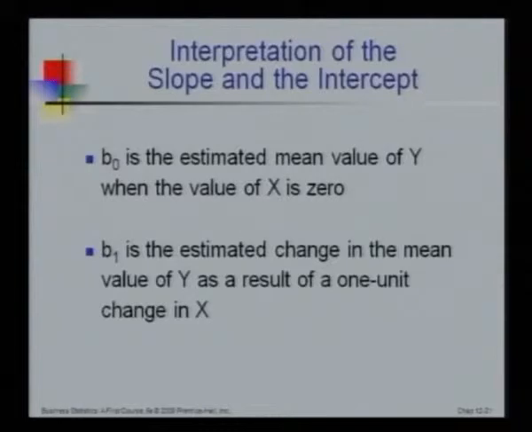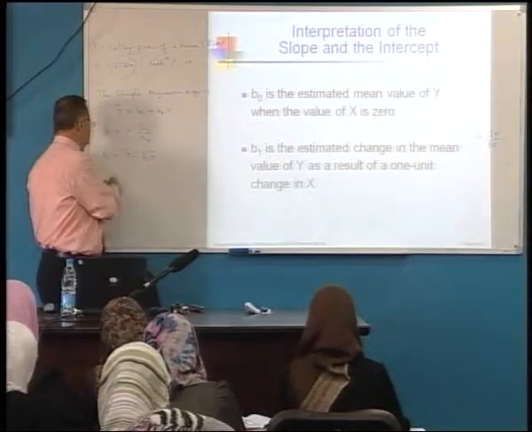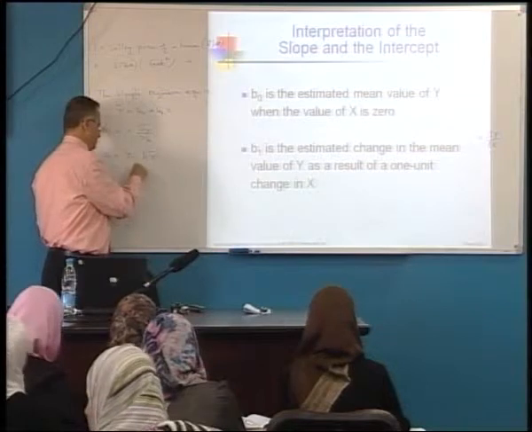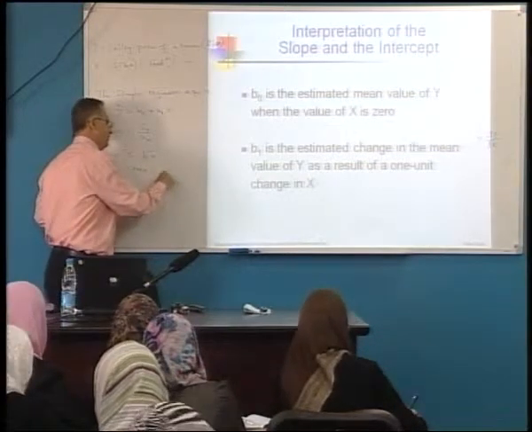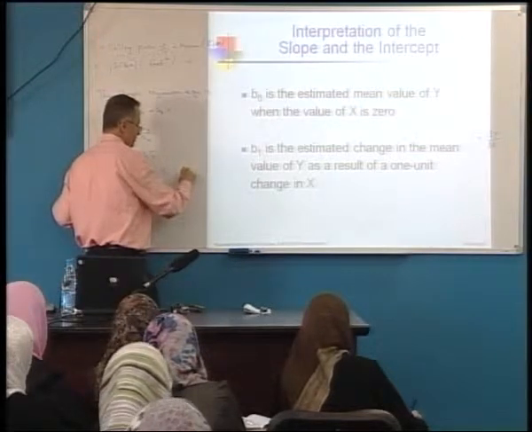Now, what's your interpretation of the slope and the intercept? For example, suppose we are talking about your score y and x, the number of missed classes.